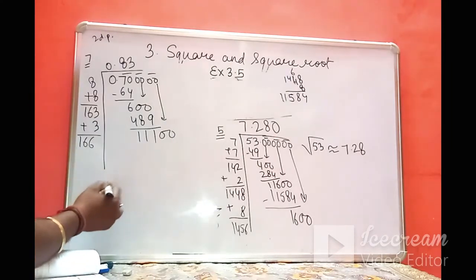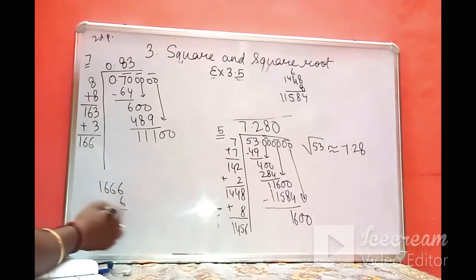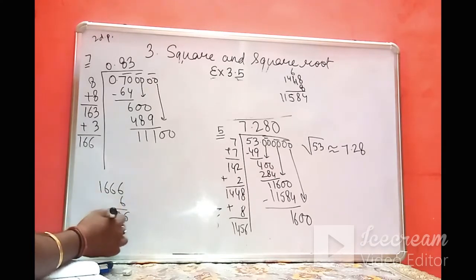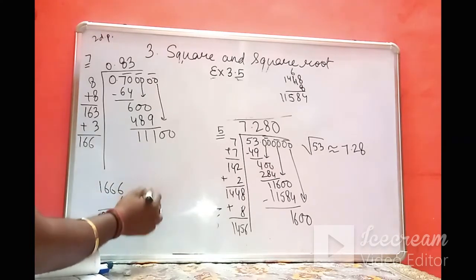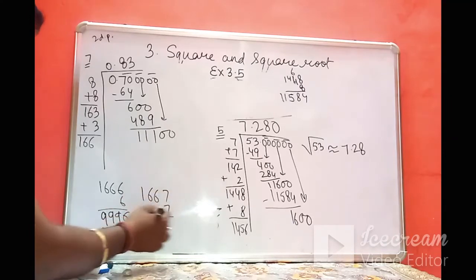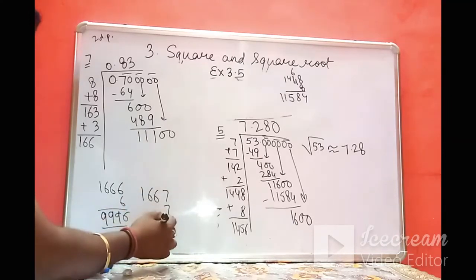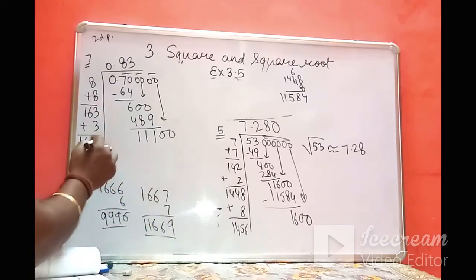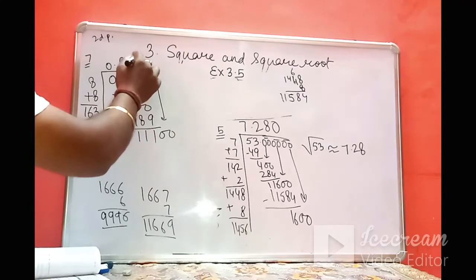Then let's check for it. 6, so it is 6, 36, 39, 36, 39. Okay, lesser, so let's check for 7 also. 49, 4, 46, 4, 46, 4, 11. Okay, so this one is larger, so I will take 6 here.